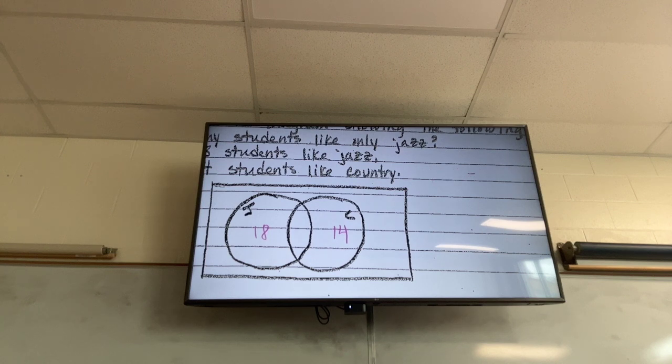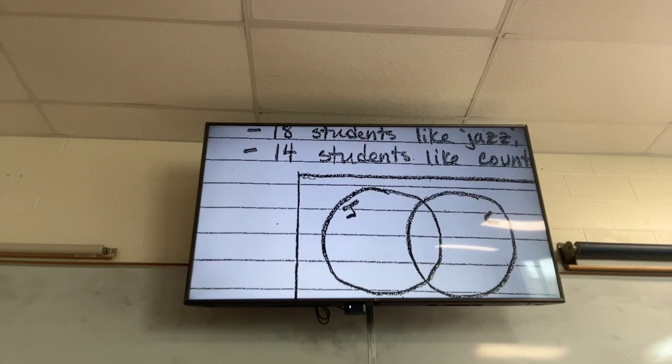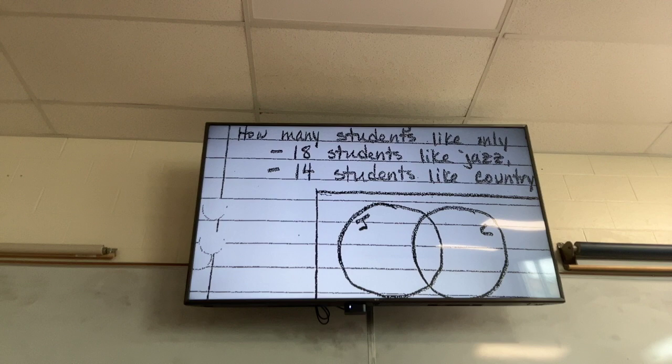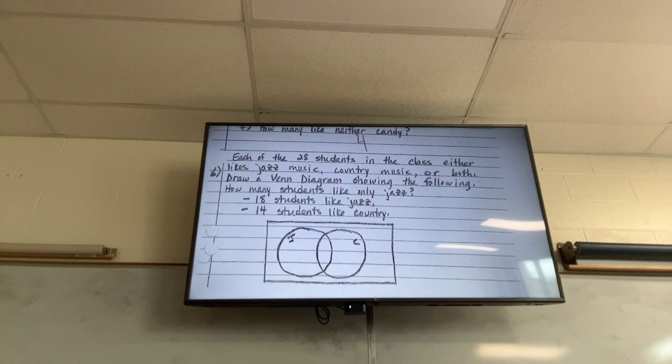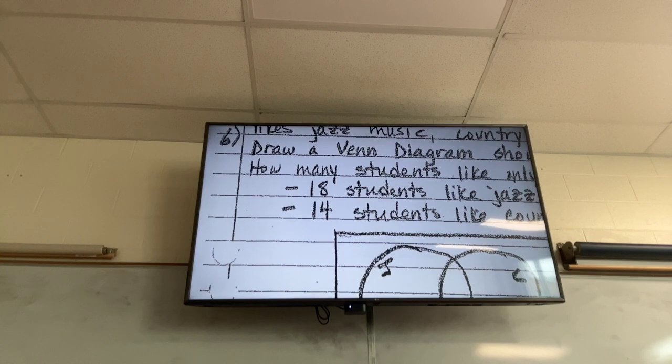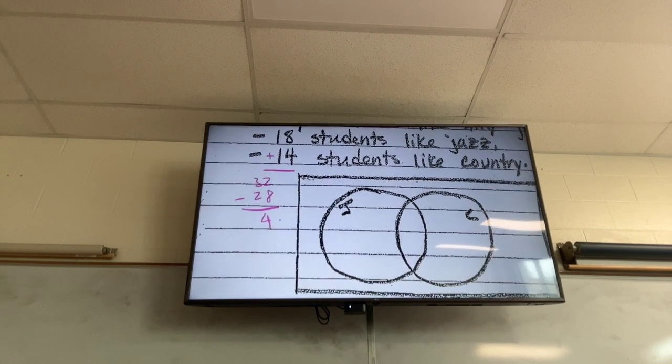The way I do this, 18 plus 14 equals 32. There's 28 kids in the class. What I do is I add these two categories up to get 32, and I subtract the total number of students in the class. That gives me how many like both.